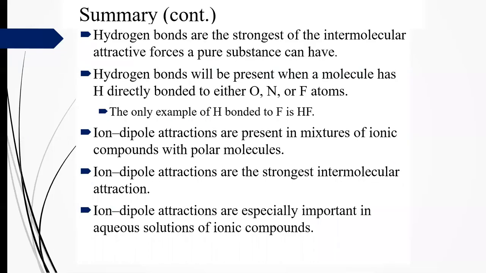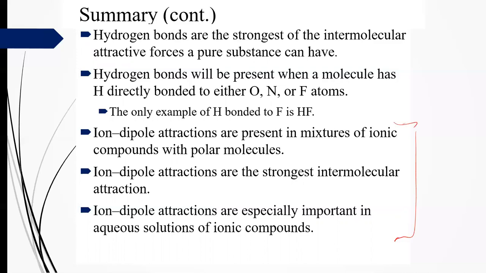Hydrogen bonds are the strongest of the intermolecular forces for a pure substance. They're going to be present when you have hydrogen directly connected to an oxygen, a nitrogen, or a fluorine. Ion dipoles are present in mixtures of ionic compounds with polar molecules, and they are the strongest of these forces that we talked about today.